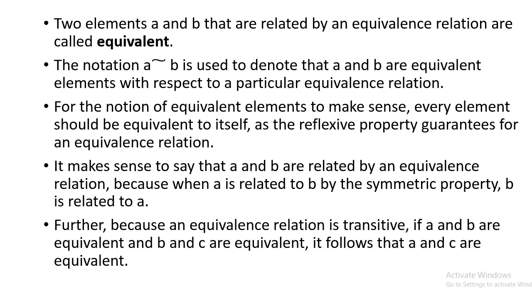Now it makes sense to say that A and B are related by an equivalence relation because when A is related to B, by the symmetric property, B is also related to A. Further, because an equivalence relation is transitive, if A and B are equivalent and B and C are equivalent, then it follows that A and C are also equivalent. So this is the definition of equivalent elements, not the relation, equivalent elements.